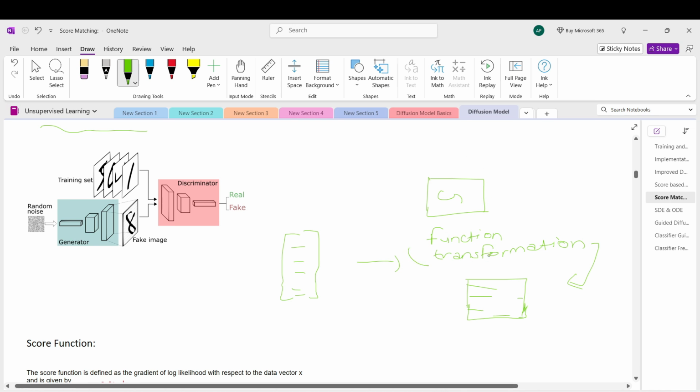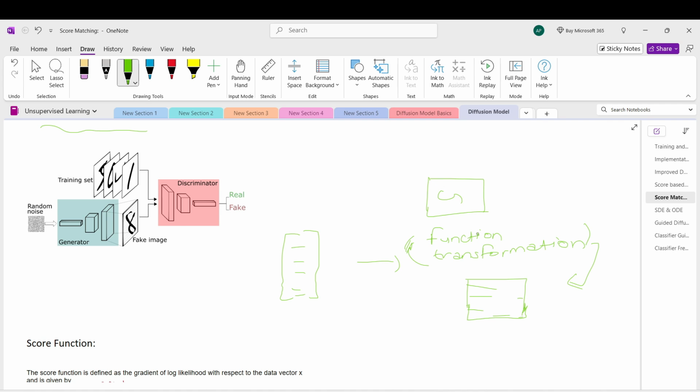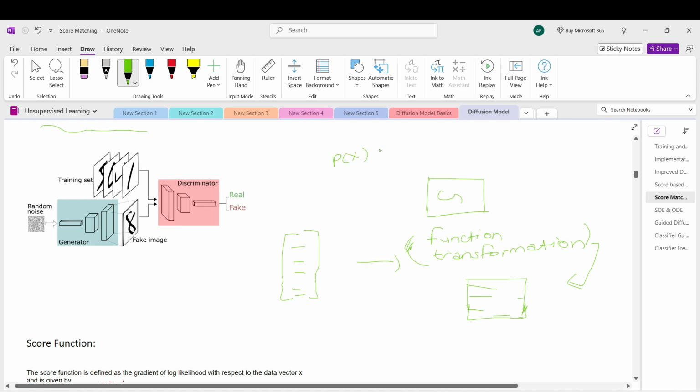We have to learn this function, and neural networks are very good at learning functions. So this transformation function is learned by the neural network, and we are not explicitly defining p theta of x, which is nearly equal to the real data distribution. So p of x means the data distribution.